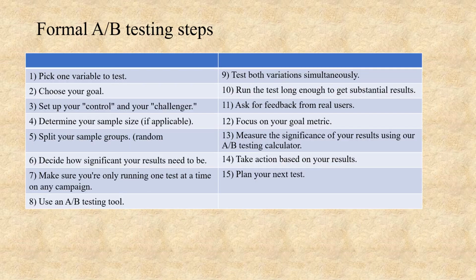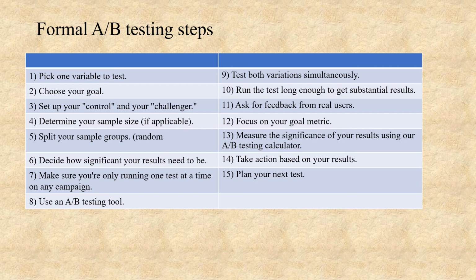Here I have a little bit more formal A/B testing steps that I found. I think maybe in our A/B testing primer that will be in the file. That is, pick one variable to test. Choose your goal. Set up the control group. Determine your sample size. Split your sample groups. Decide how significant results need to be. Make sure you're only running one test at a time on any campaign. Use an A/B testing tool.